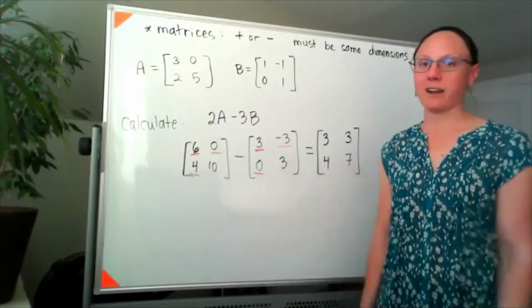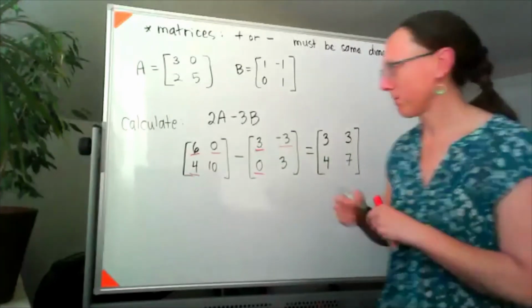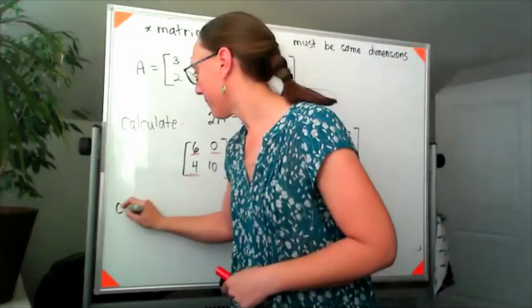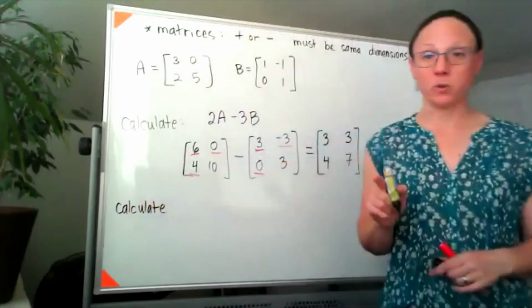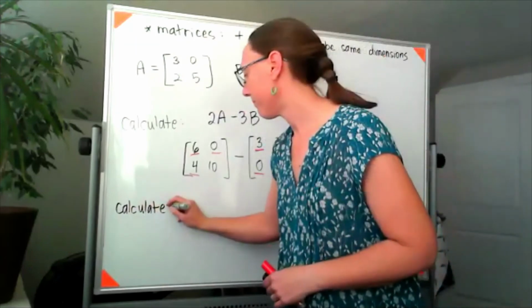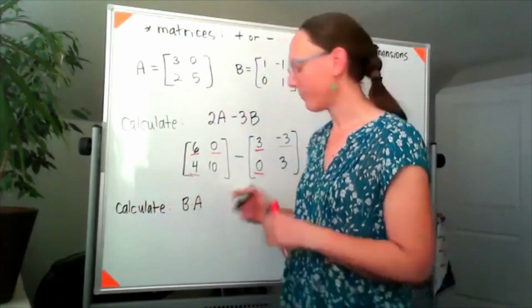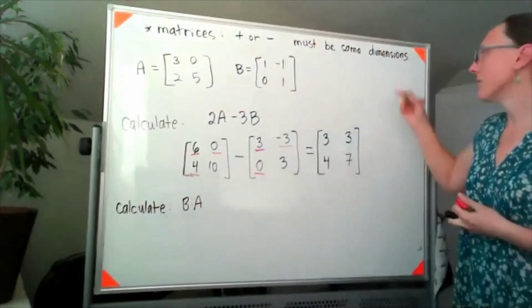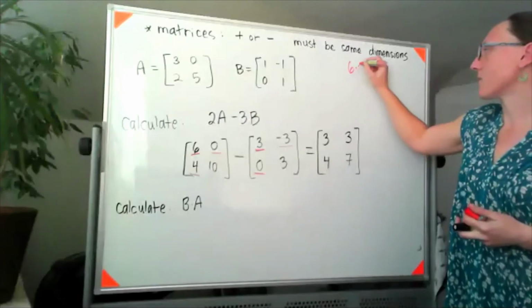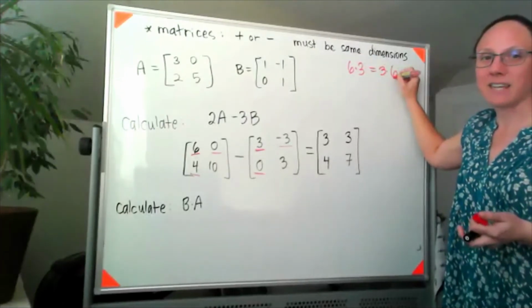Just for fun and to practice multiplication, let's multiply A times B. Oh, actually, we should do something else. We're going to calculate B times A. Now, when we're multiplying numbers, if I multiply 6 times 3, that's the same result as multiplying 3 times 6.